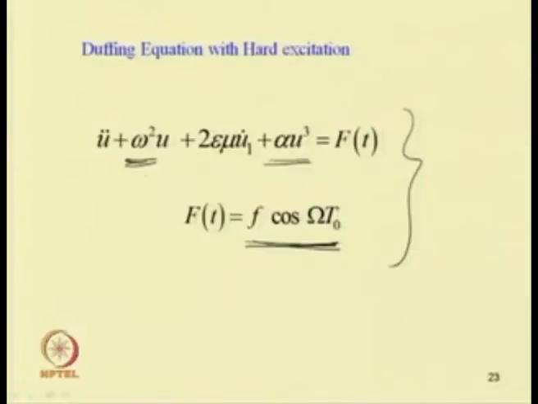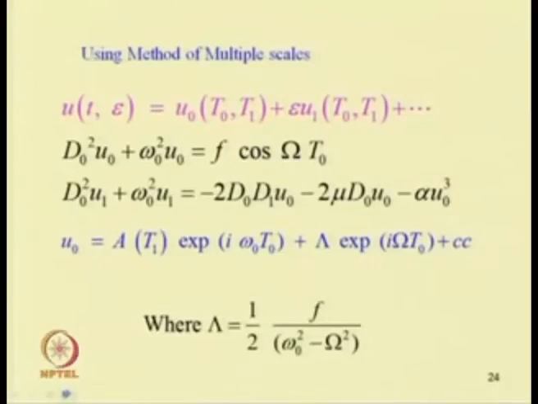If they are of the same order, then when we use the method of multiple scales, this term will appear in the order of epsilon, and so we can have the particular solution in addition to the free vibration term, or the complementary part of the response. So, u0 will contain this complementary part plus this.